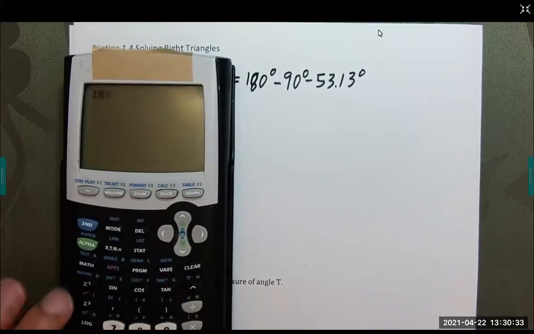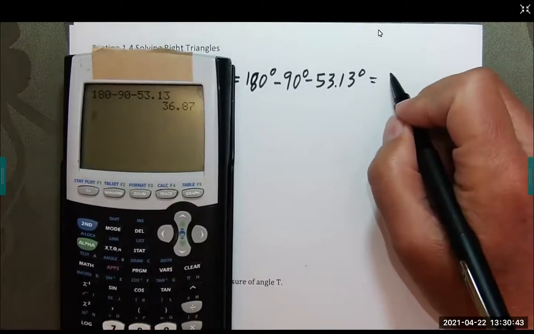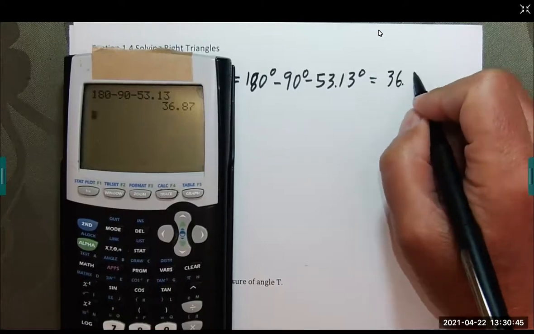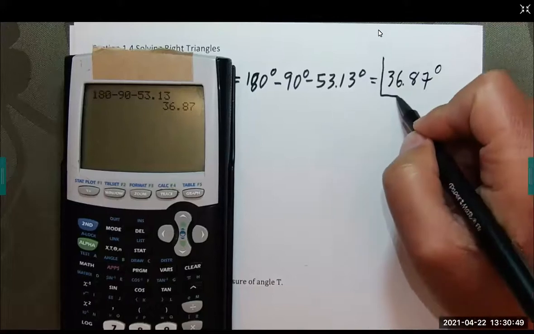So 180 minus 90 minus 53.13, giving us that angle B is 36.87 degrees.